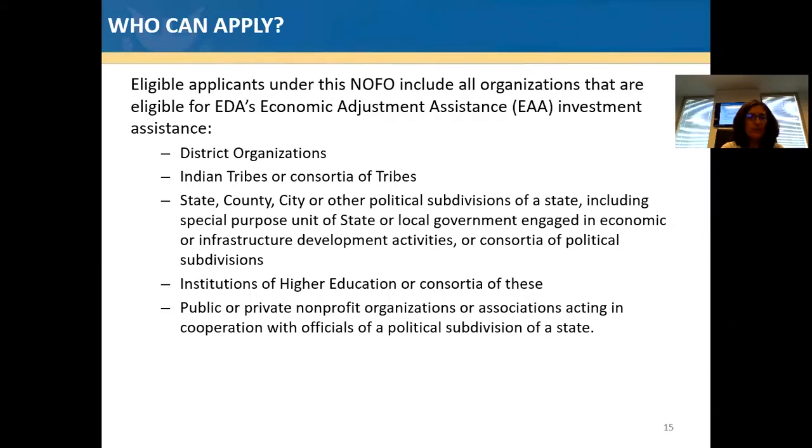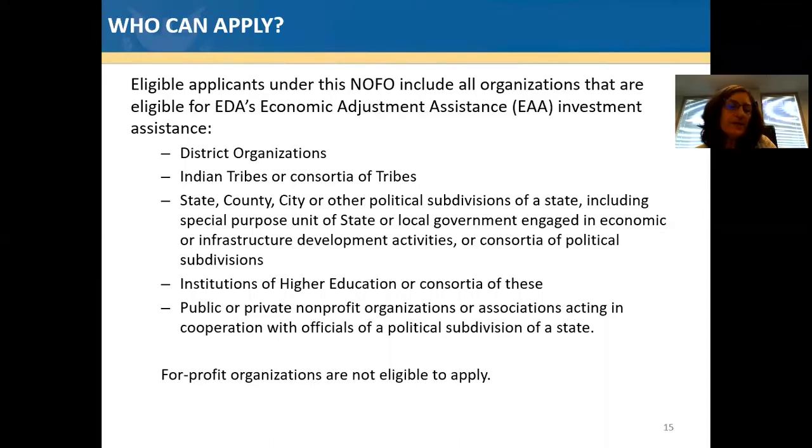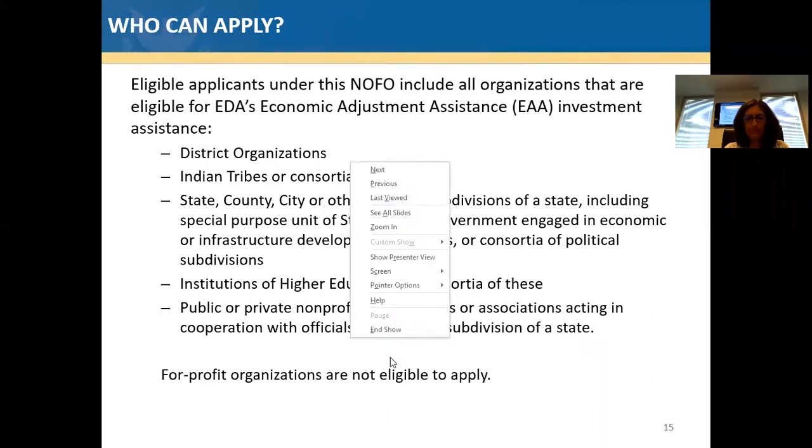Indian tribes or consortium of tribes, district organizations, meaning regional districts of multiple local governments, universities, and nonprofit organizations. Please note, for-profit organizations are not eligible to apply.